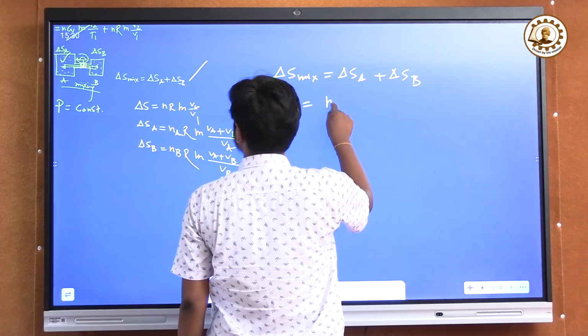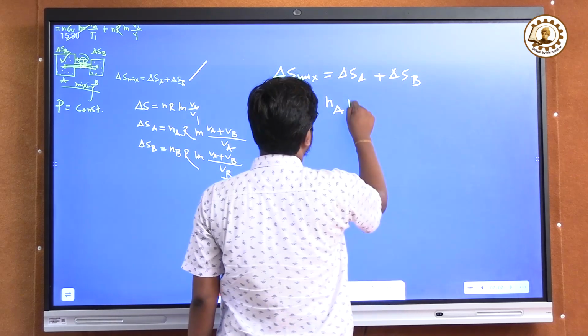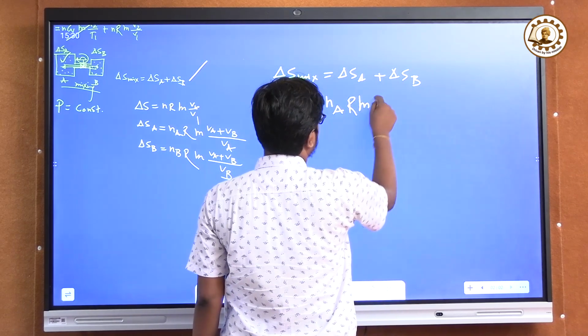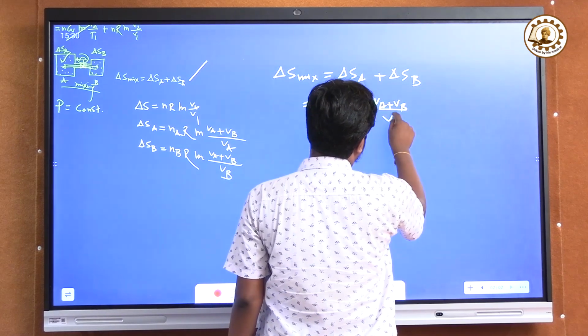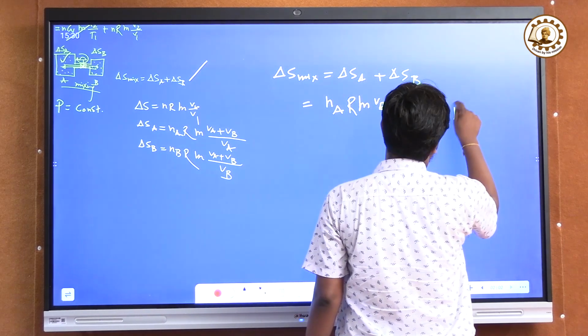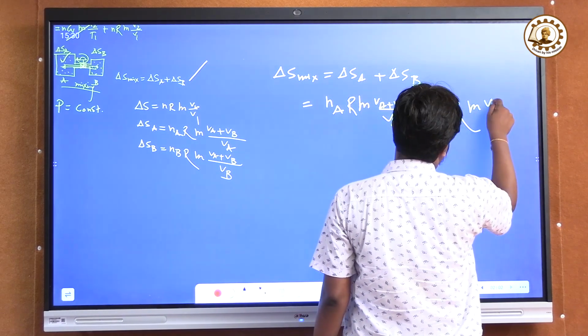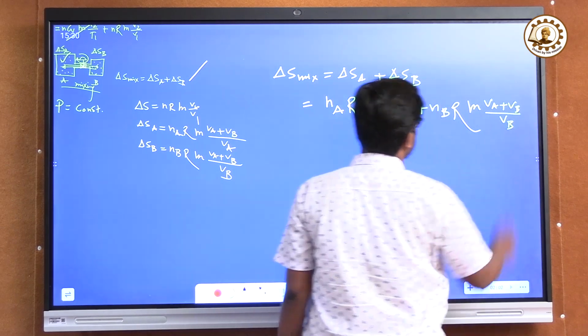So this is nA R ln of (VA plus VB) by VA plus nB R ln of (VA plus VB) by VB.